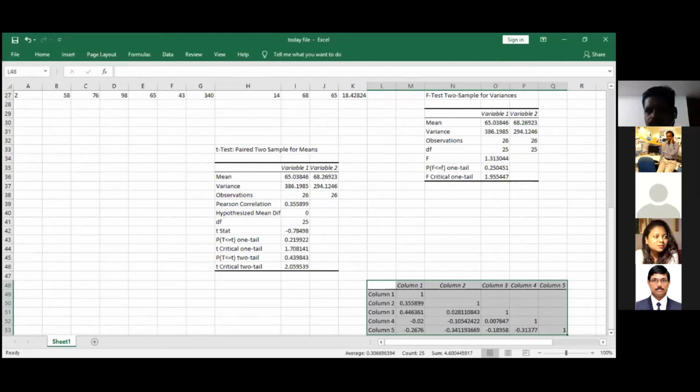Then 44% for science and Tamil. Then science and English is an inverse relation. Some researchers put it as a negative relationship. No, it is not called a negative relationship; it is called an inverse relationship. Inverse.